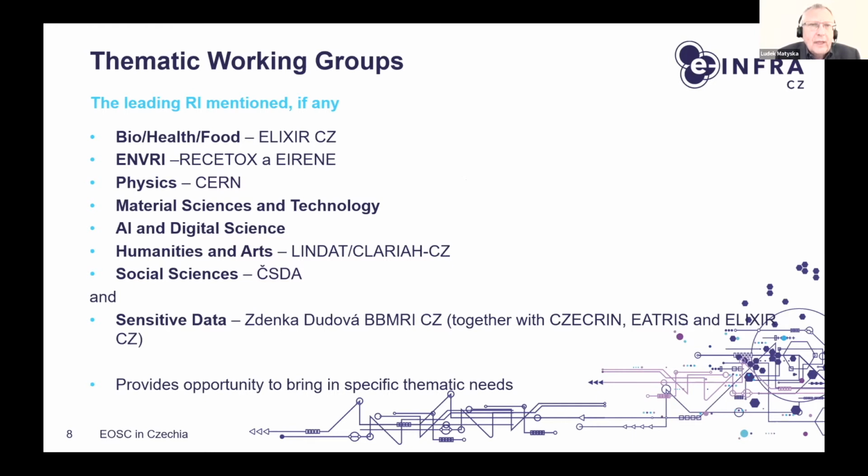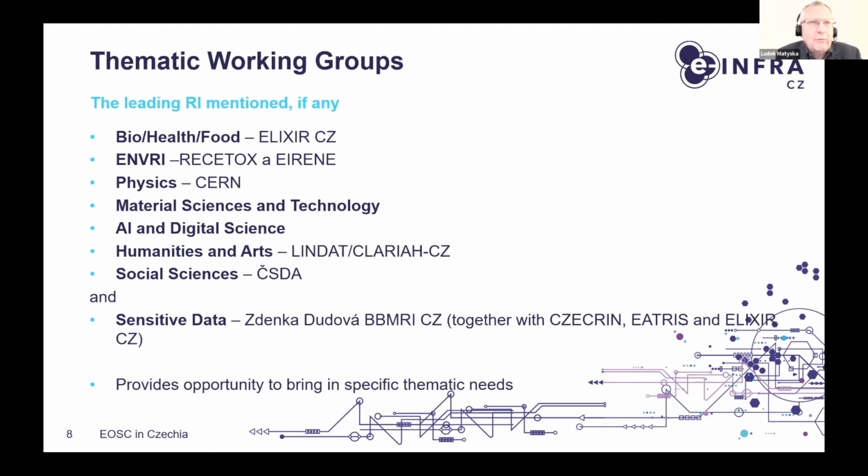Here you see the research infrastructures behind them, with 2 exceptions, because there is no explicit research infrastructure there, and it is more of an institutional or cross-institutional activity. We are asking all these working groups not to stay closed within one research infrastructure, but to cover the whole area and include the others. The infrastructures mentioned here are those leading these activities.